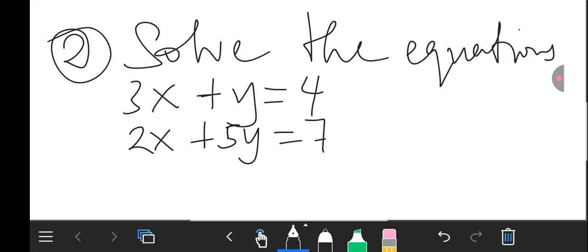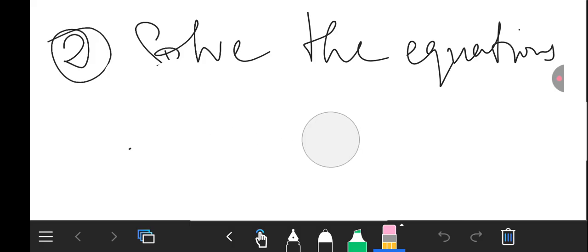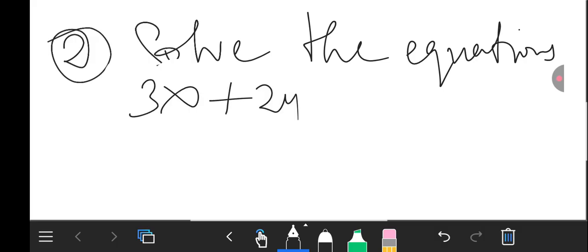Okay, to make it interesting, let me change the digits here. Let's have a different question just to make it interesting. So let's have maybe 3x plus 2y is equal to 7.